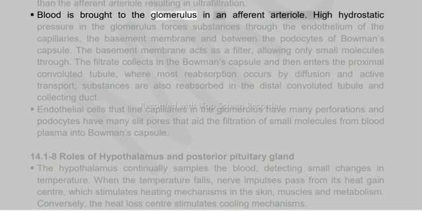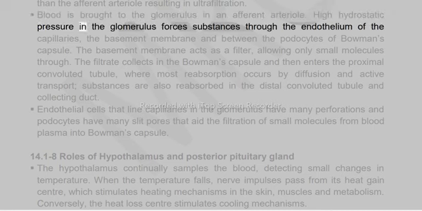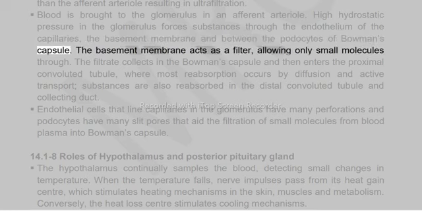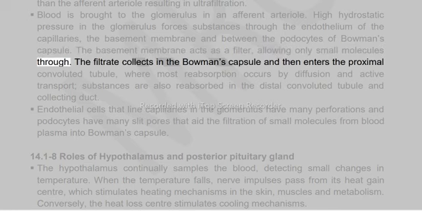Blood is brought to the glomerulus in an afferent arteriole. High hydrostatic pressure in the glomerulus forces substances through the endothelium of the capillaries, the basement membrane and between the podocytes of Bowman's capsule. The basement membrane acts as a filter, allowing only small molecules through.